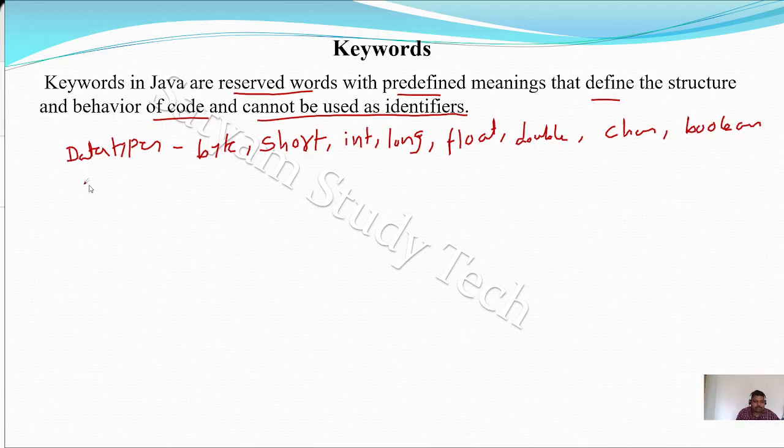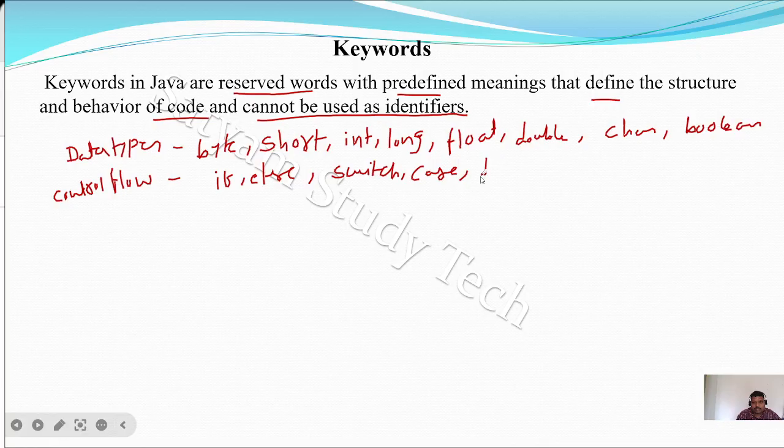These are keywords. Now you can see the control flow keywords, like if, else, switch. In the switch you can use case, and here also you can use default.